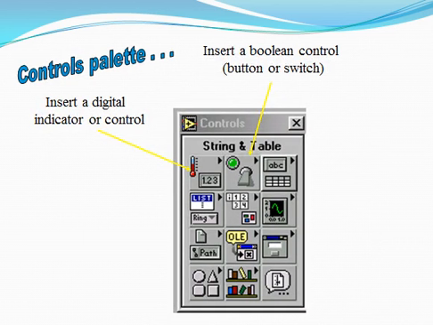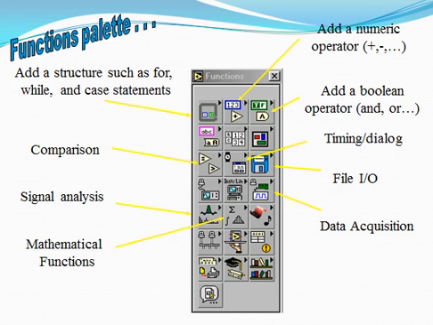In the functions palette there are many options; we select the option we want to use, then drag it into the block diagram. The same function is performed through the functions palette. There are many sub palettes there.